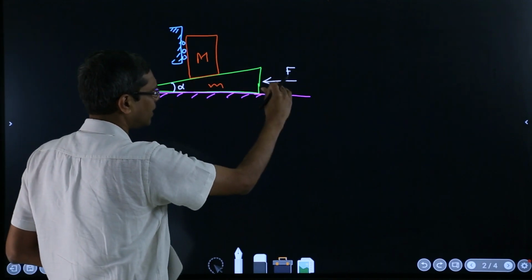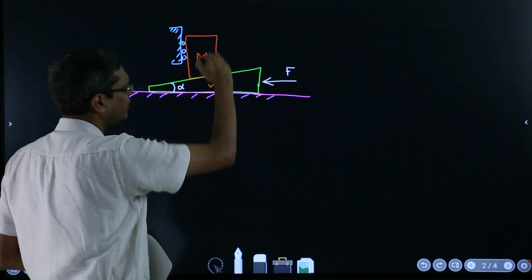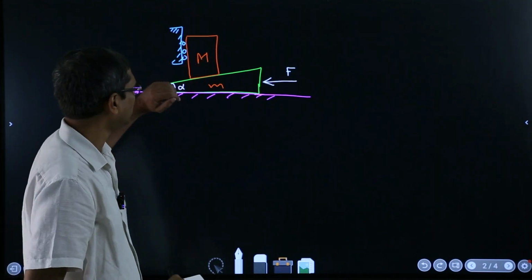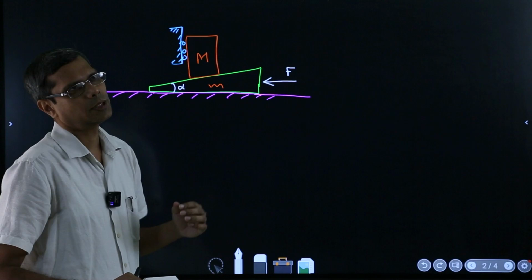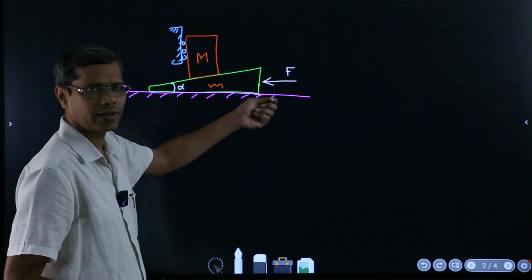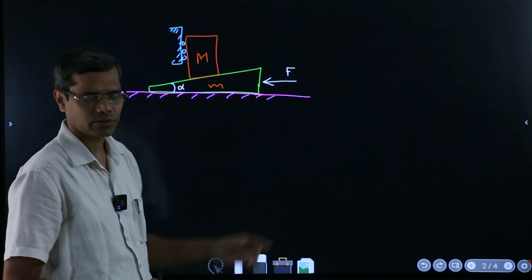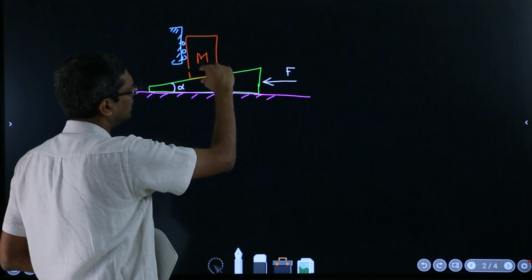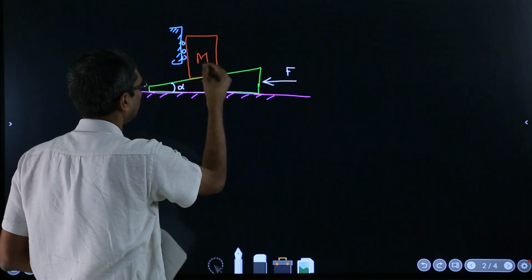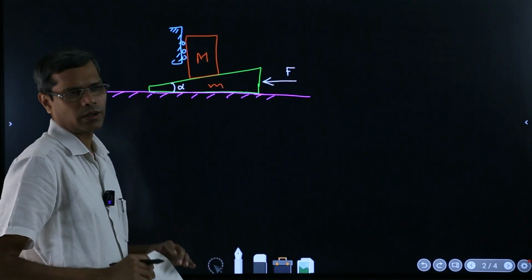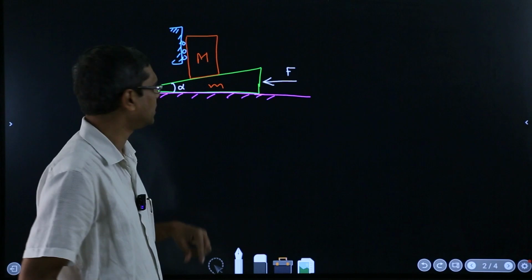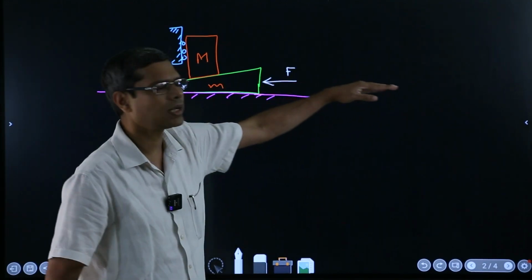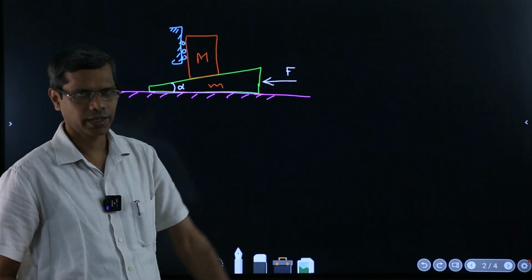If we decrease this angle alpha, with little force we can lift off this mass m, though a longer time or longer distance will be required. Actually, I was coming to this point: to increase the height of this body from the ground by the same amount, if alpha is reduced, then you will require a longer wedge, right?